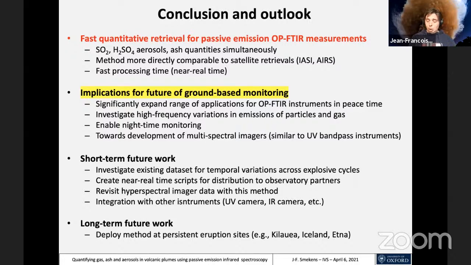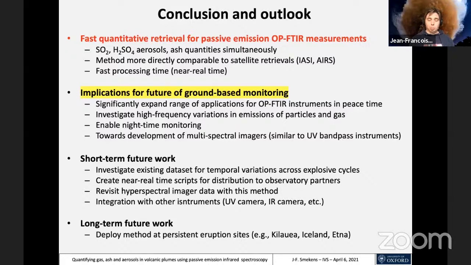And all of this is done with a fast processing time. So the reference generation takes a couple of hours, but then after that, the model can be implemented in near real time. And this, I think, has implications for the future of where we take ground-based monitoring tools such as these.